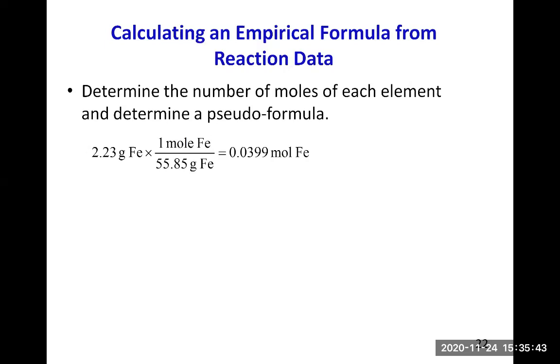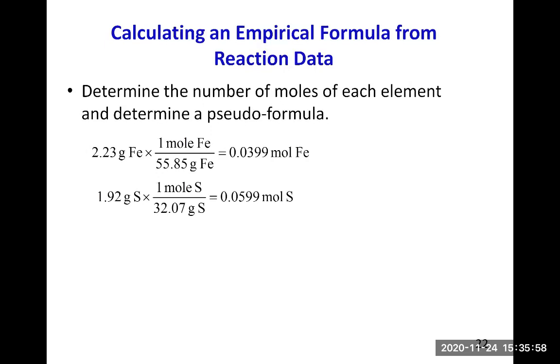So 0.0399 moles of iron. Let's find the moles of sulfur using the 1.92 grams of sulfur multiplied by 1 mole of sulfur over 32.07 grams of sulfur.